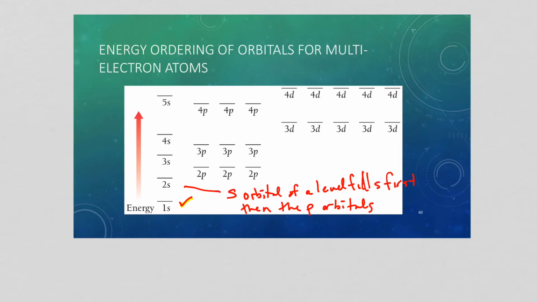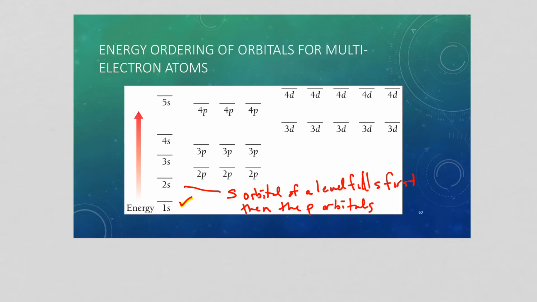Notice when we write out the p orbitals, we have a set of 3. As we move up to the third level, we have the s, the p, and the d. The d would be even a little bit higher in energy than the p, and so they would fill later.